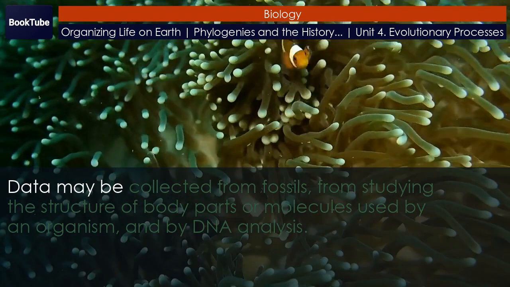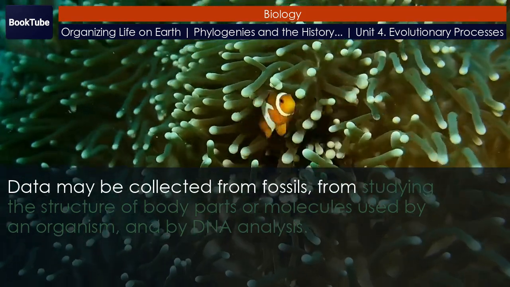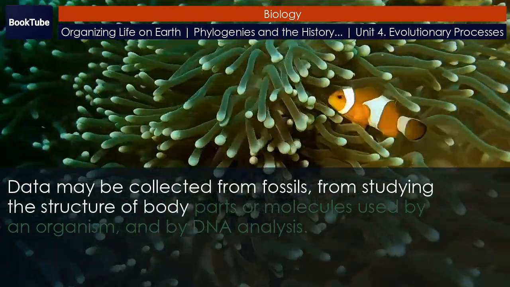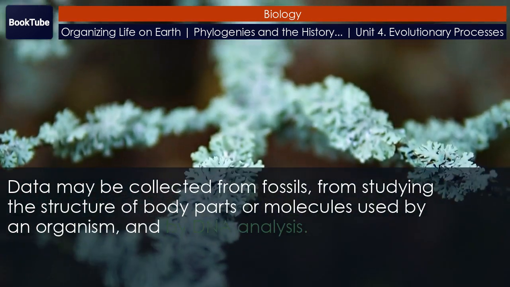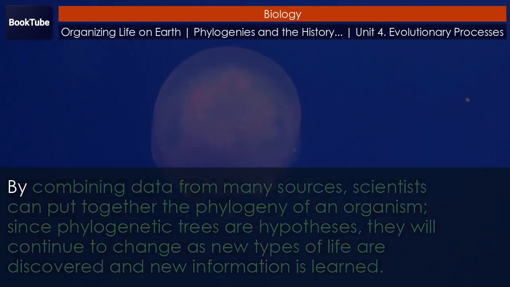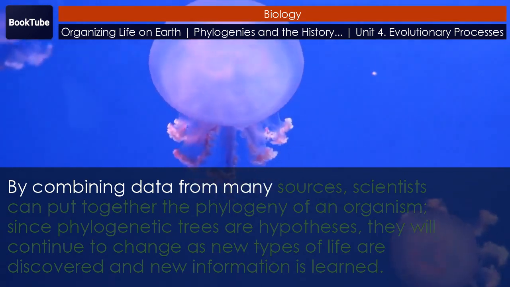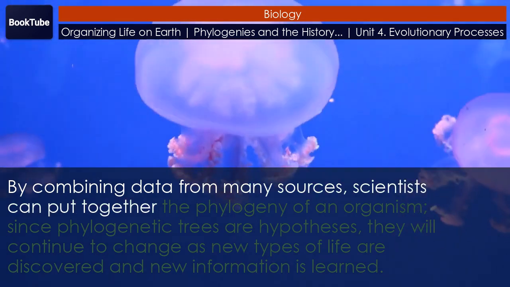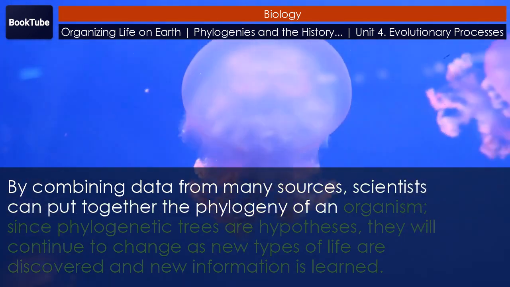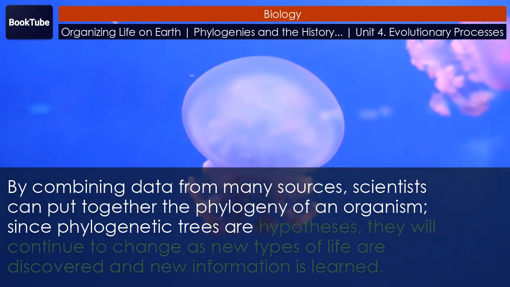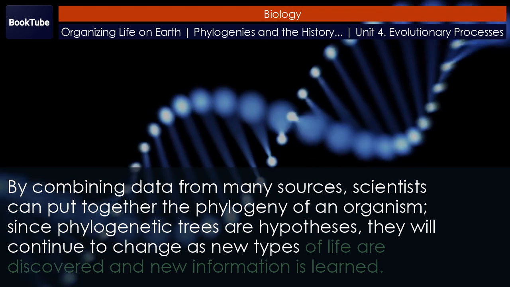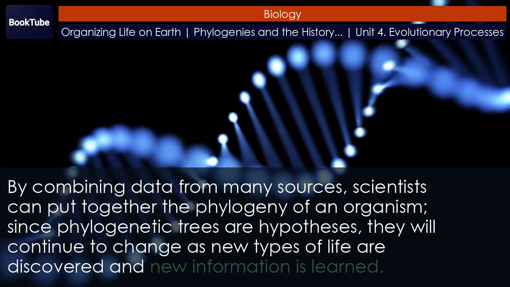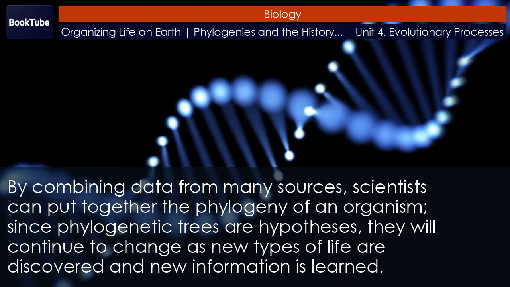Data may be collected from fossils, from studying the structure of body parts or molecules used by an organism, and by DNA analysis. By combining data from many sources, scientists can put together the phylogeny of an organism. Since phylogenetic trees are hypotheses, they will continue to change as new types of life are discovered and new information is learned.